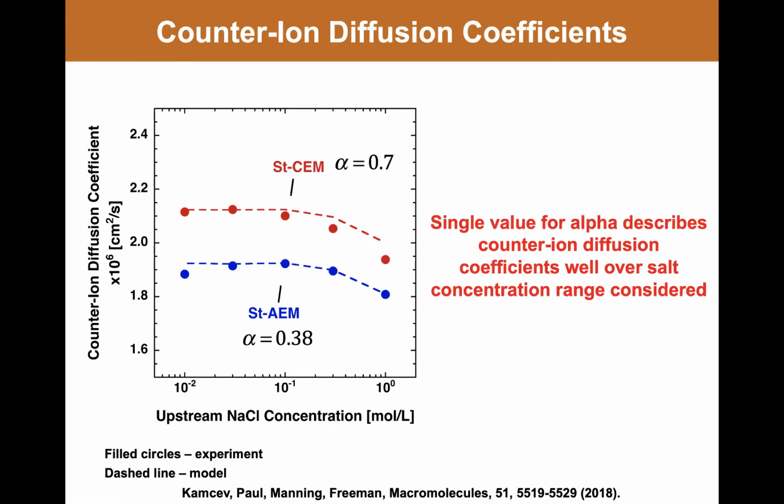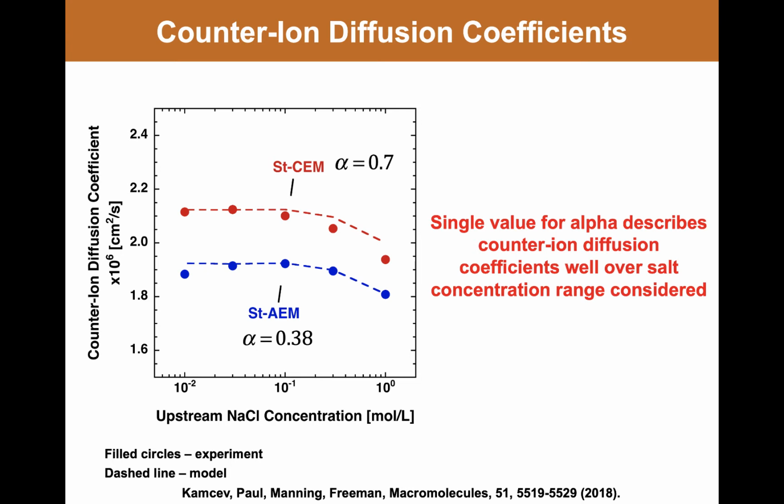And so here shows the counterion diffusion coefficient in a couple of those membranes. And again, to fit these data, we have to use an adjustable parameter, and it's on the order of 0.4 to 0.7.